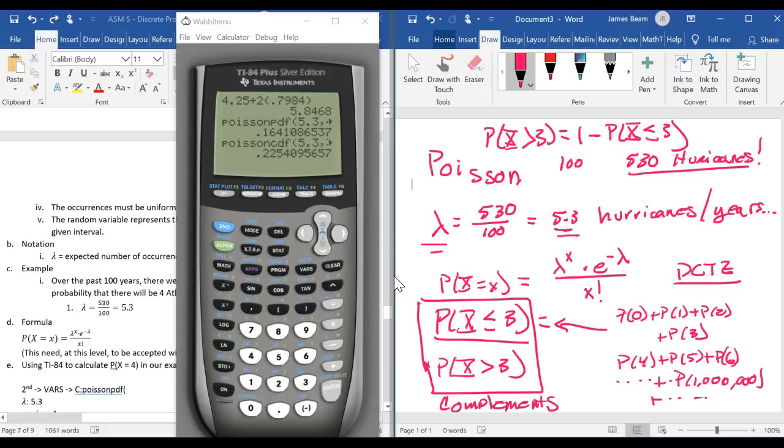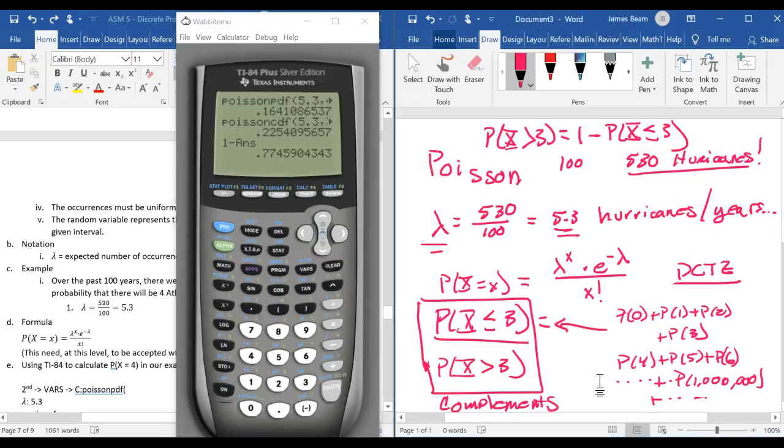And there's the trick. So if I take 1 minus this answer, I now have the probability of getting more than 3 hurricanes, which is 77.5% chance. And I don't need to know all those little probabilities that are dang close to 0 way up there. So this is a neat little trick, okay?